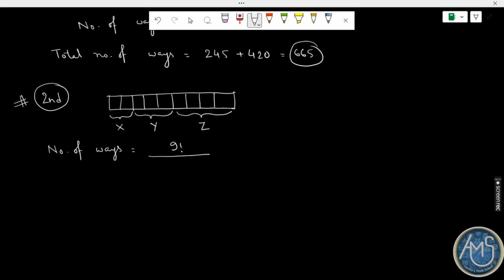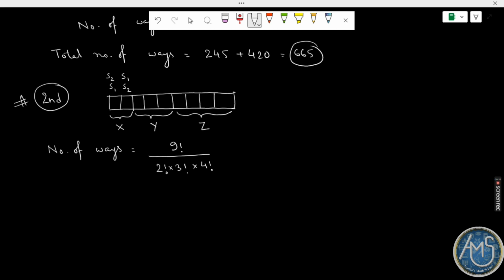But if I say S1 is here and S2 is here, or S2 is here and S1 is here, both cases are the same because we are just making the team. So you have to remove those arrangements. So 2 factorial, and then the same for team Y, 3 factorial, and for team Z, 4 factorial.